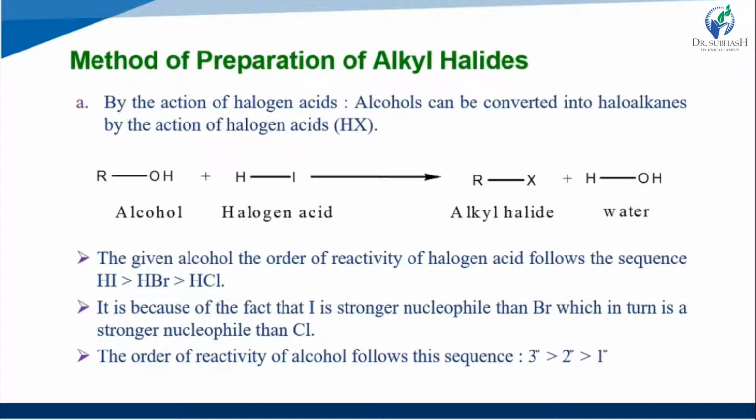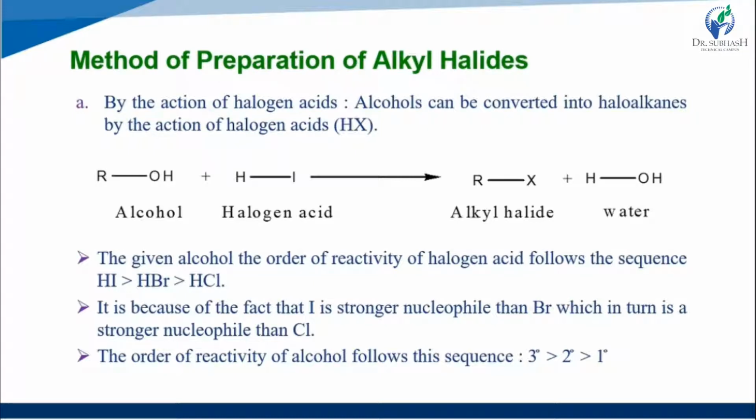In this we take the alcohol plus any halogen acid, where hydrogen and halogen are attached in the same molecule, that's called the halogen acid. After the reaction, the alkyl halide is formed and one water molecule is also removed. For a given alcohol, the order of reactivity of halogen acids follows the sequence HI greater than HBr greater than HCl.